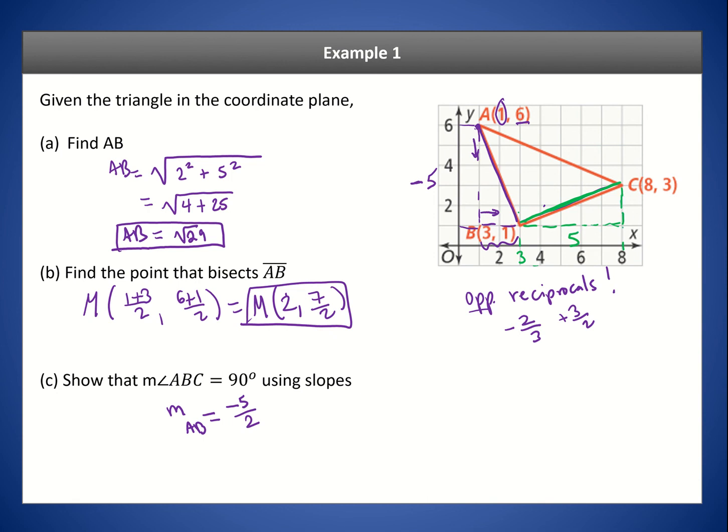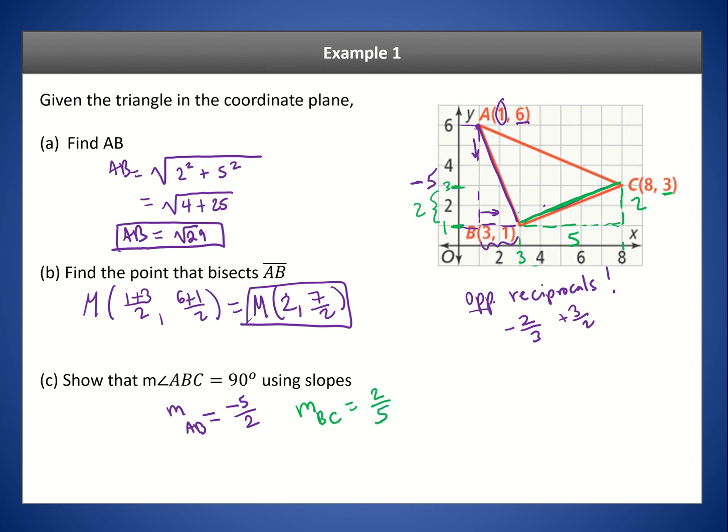It's going up, and up means positive. So we do 3 minus this coordinate right here, which is 1, which means the distance is 3 minus 1, which is 2. So the rise is 2, the run is 5. The slope of BC is equal to rise over run, 2 over 5.